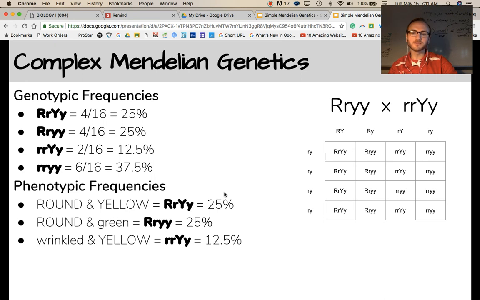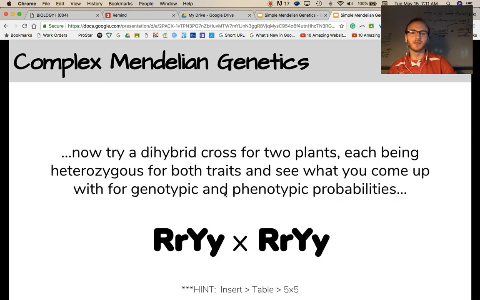Wrinkled and yellow, recessive for shape, heterozygous for color, that is a 12.5% chance, and then wrinkled and green, we have a 37.5% chance. And these can get way more complicated depending on what the genotypes of the parent plants would look like.